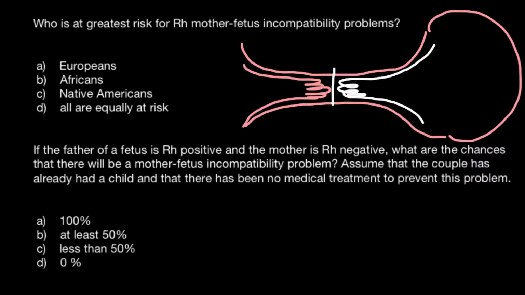And imagine that the mother is Rh negative, that means her genotype would be minus, and the fetus can be Rh positive, so the genotype of the fetus can be heterozygous, minus and plus, or plus and plus. Here plus stands for the presence of the Rh protein on the surface of the red blood cell, and minus stands for the absence.